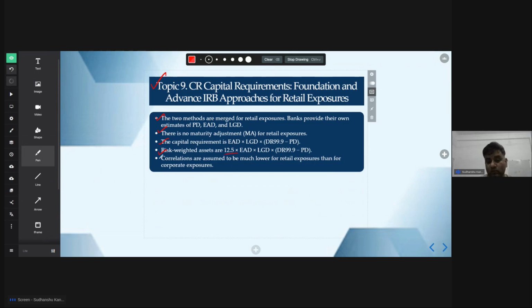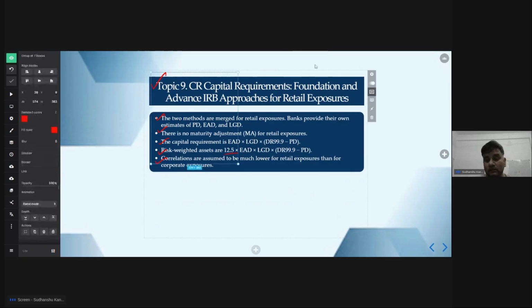Then you look at correlations: retail exposures are assumed to have much lower default correlation than corporate. What it means is that individual household defaults are less driven by common systematic shocks. Lower correlation means lower default rate 99.9%, and lower capital. That's what we need to understand.